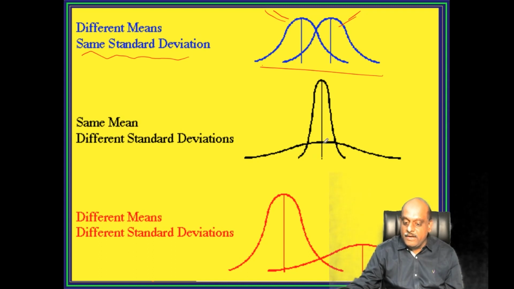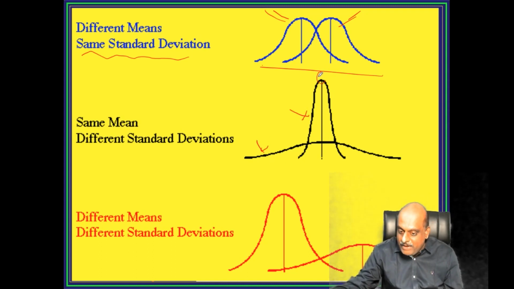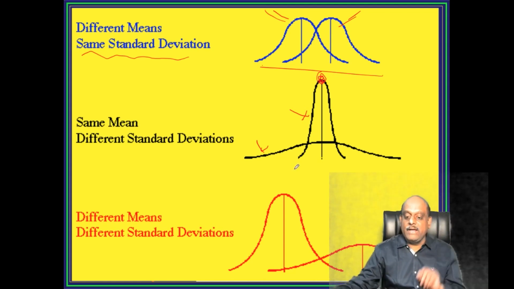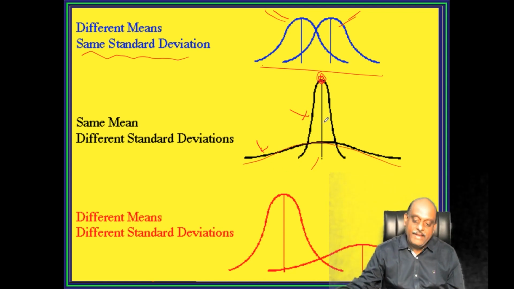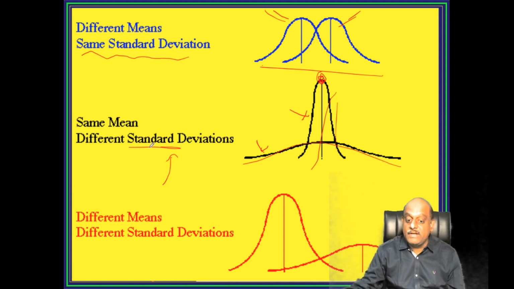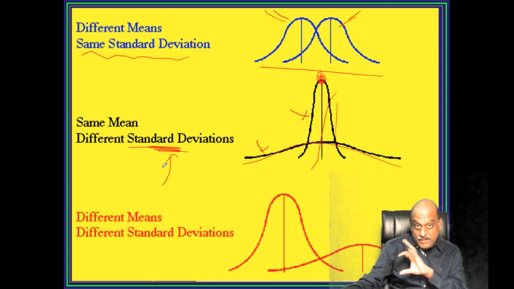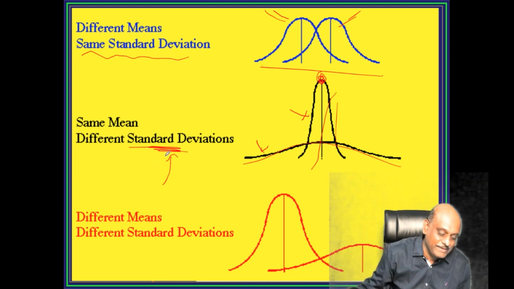Now, here this curve and this curve, they have the same mean. Mean एक ही है, मगर एक curve flat है, एक curve tall है. That means it has a different standard deviation. I mean, distribution of the data is different.